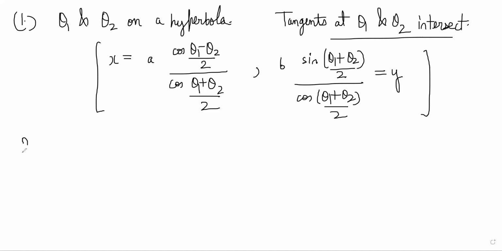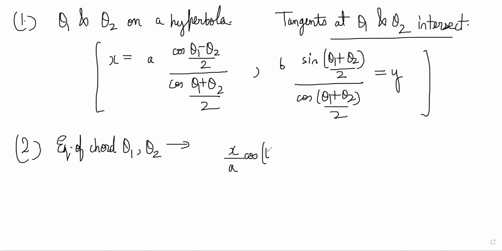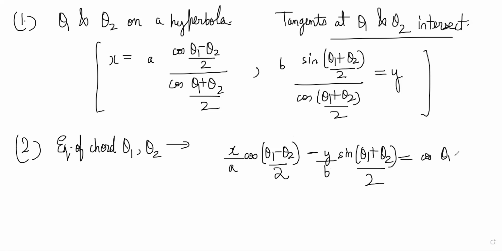Then one more thing that is important is the equation of the chord joining theta 1 and theta 2. If there is a chord through theta 1 and theta 2, what is the equation of the chord that joins them? It is x by a cos of (theta 1 minus theta 2) by 2 minus y by b sine of (theta 1 plus theta 2) by 2 is equal to cos of (theta 1 plus theta 2) by 2.